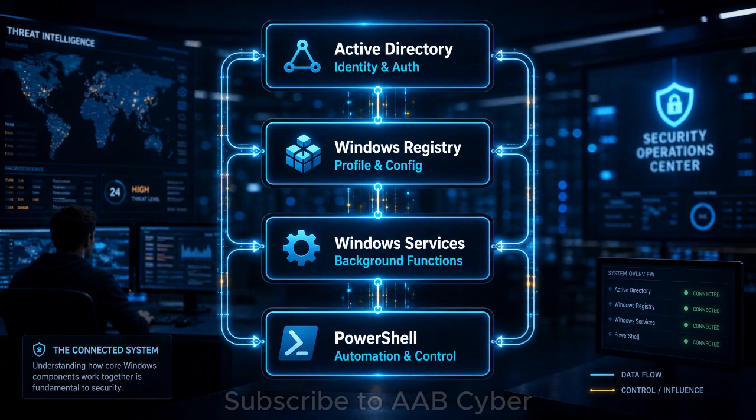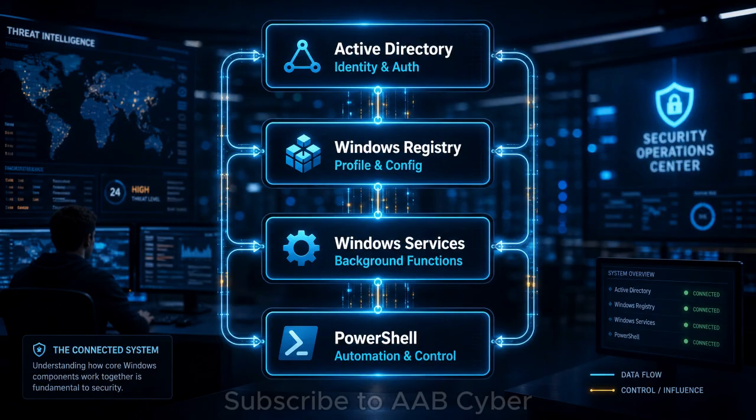Active Directory comes back in Module 5, for Identity and Access Management, Module 11, for Kerberoasting and Pass the Hash, and Module 21, for Azure AD. And PowerShell comes back in Module 12, for Living Off the Land Techniques, Module 17, for Threat Hunting and Logging, and Module 26, on Advanced Persistent Threats.